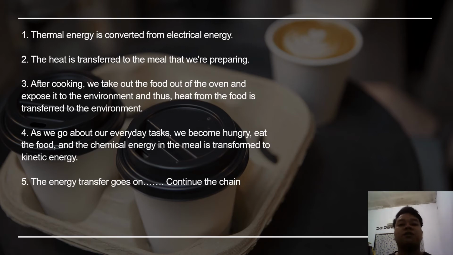As we go about our everyday tasks, we become hungry, eat the food, and the chemical energy in the meal is transformed to kinetic energy. The energy transfer goes on and continues the chain. I will pass the next slide to the next presenter.